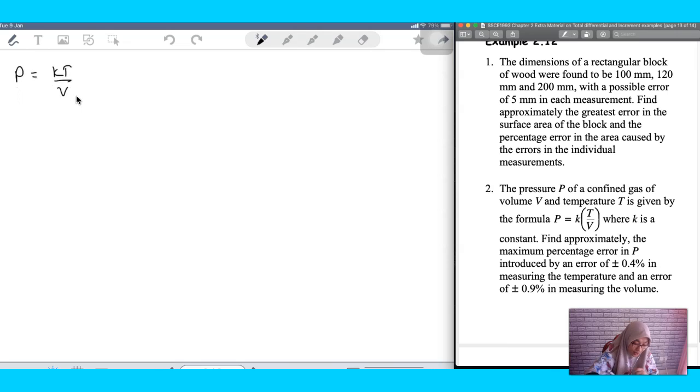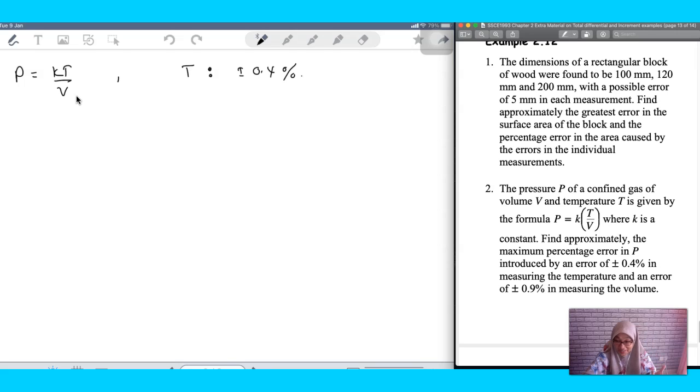So now we just take out the information that we have. We are given a function P equal to KT over V, and also we are given the error of the temperature. I'm not saying T equal to, but something about temperature: plus minus 0.4%.